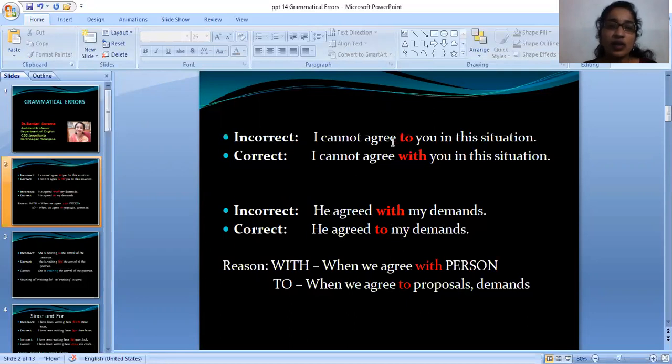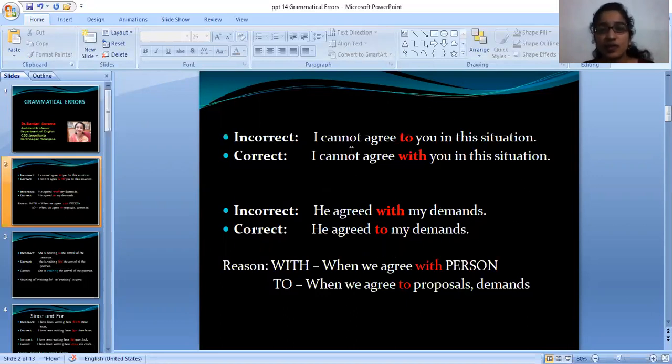So for your convenience, I have marked all the prepositions in red. So please observe. In the first set of sentences, when I use to with agree, it's wrong, right? So we have used agree with. That is the correct sentence. But in the second set of sentences, using with agree has become wrong, and the next sentence, he agreed to my demands, is correct.